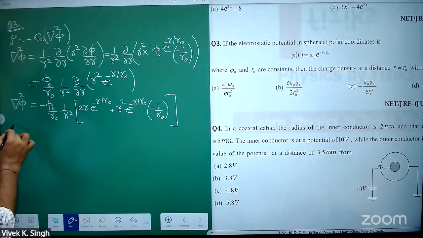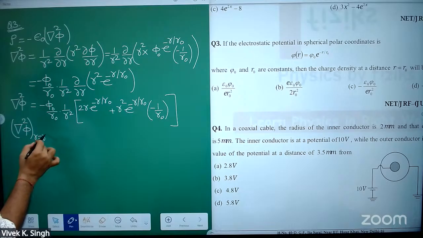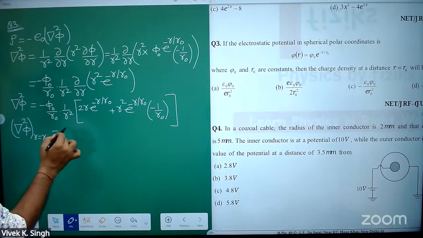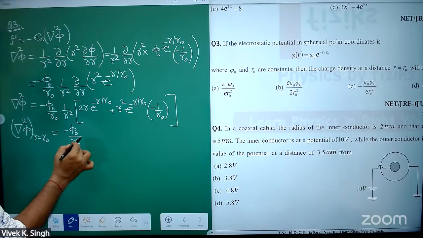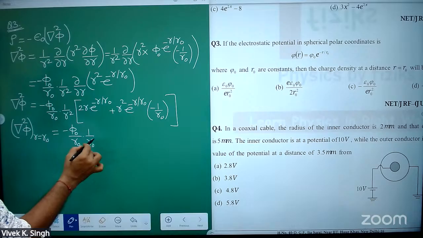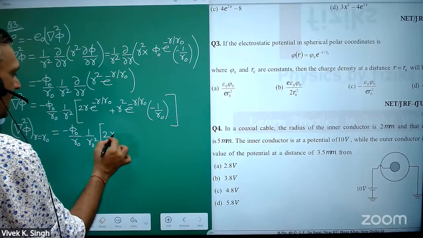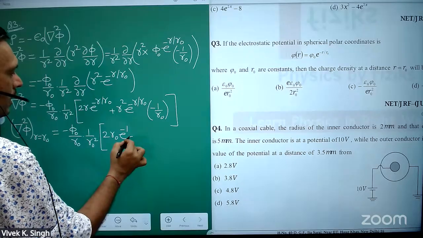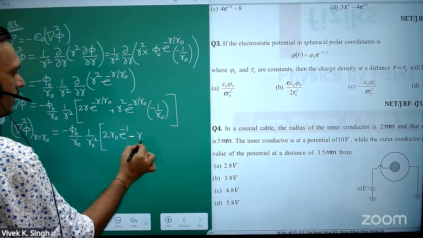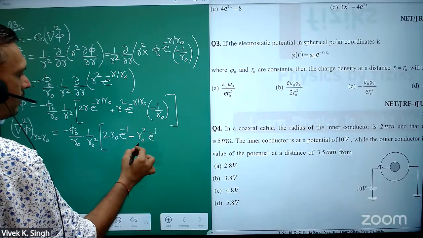So del square phi at r equal to r naught is given by minus phi naught by r naught, 1 by r naught square, twice r naught exponential power minus 1 because r is equal to r naught, and then minus r naught square exponential minus 1 by r naught.